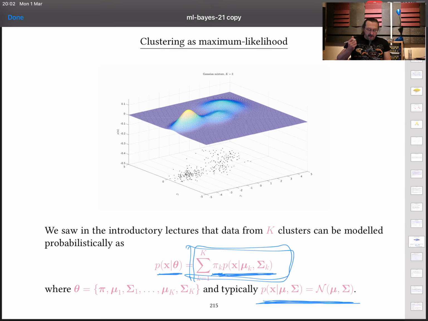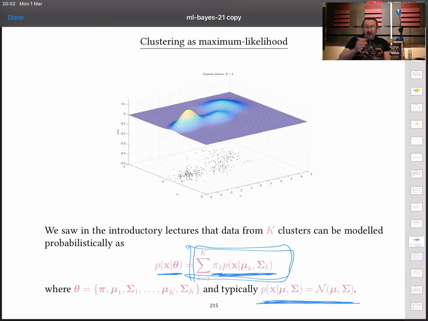It just says that in order to generate a vector x, given a bunch of parameters, the bunch of parameters includes the values for pi sub k, the individual probability of getting any specific cluster, and the means and the covariances associated with a Gaussian density for each cluster.